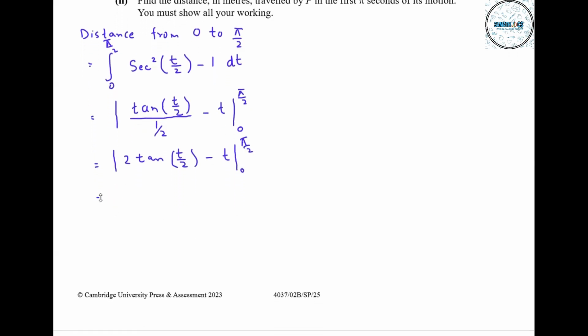Now, once we substitute the value of t as pi upon 2, it will become pi upon 4 minus pi upon 2 minus, we will substitute here t as 0, 0 divided by 2 minus 0.